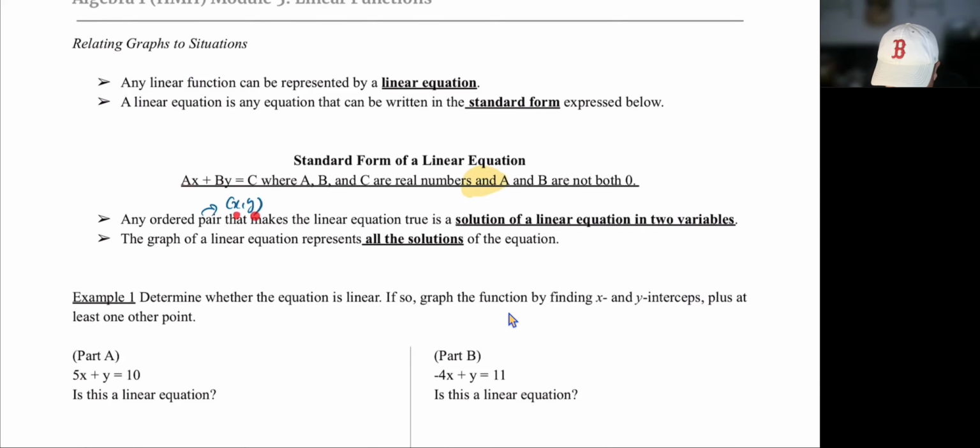As long as x and y satisfy this equation, that ordered pair can be used to graph the picture. That is the solution of the linear equation in two variables.